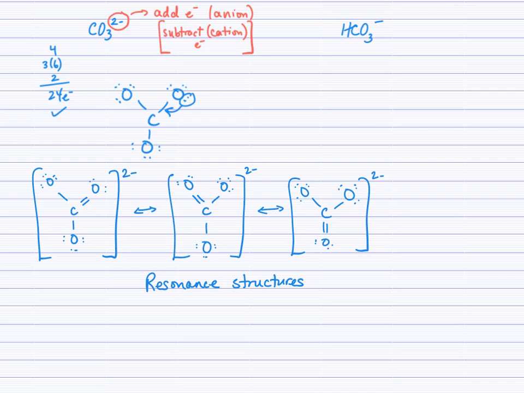Okay, so the last example is the bicarbonate ion, and the only part that's really tricky about this is the placement of that hydrogen. So if you're thinking carbon in the middle and 3 oxygens around, and then you're going to go and put a hydrogen there and start to set this up, that is never going to work. Okay, so the key is to know where to place the hydrogen.